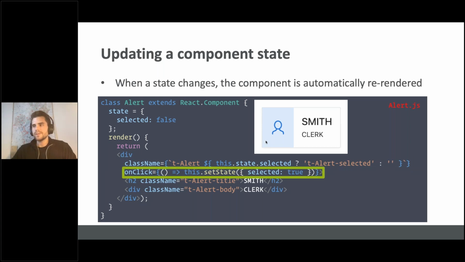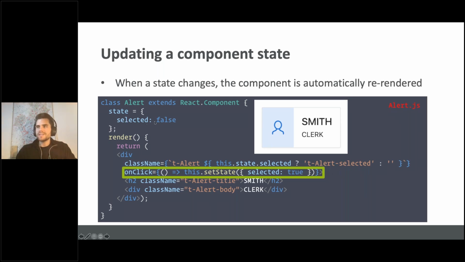But this is where it gets interesting. Now I'm saying, if I click on this particular component, then change the state by setting selected equals true. Now remember what I said earlier.